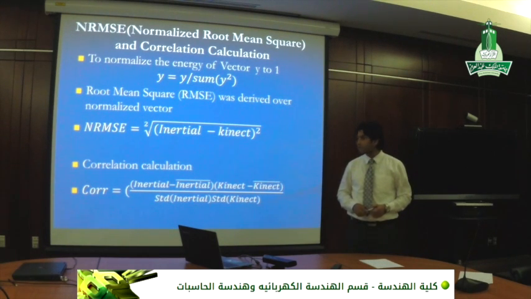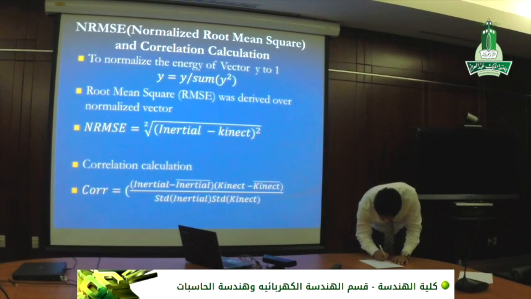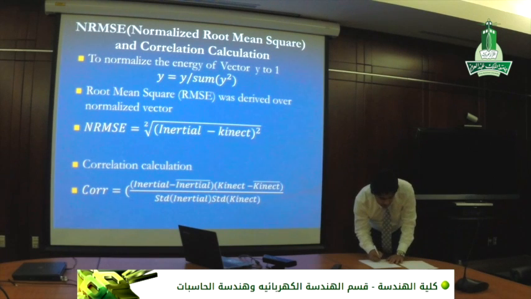Why? Because these signals are non-stationary signals. So the correlation coefficient is used for stationary signals only. Correlation theory is used only for stationary signals. So we have to be careful on this point.